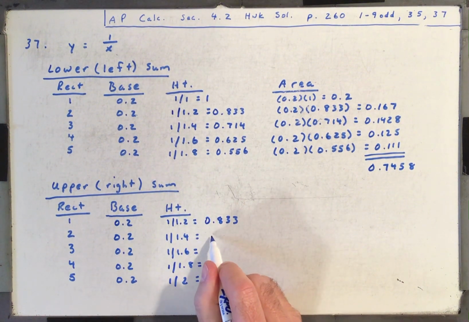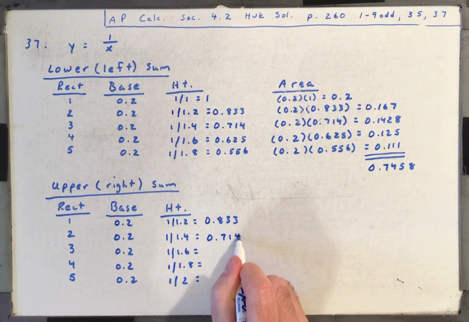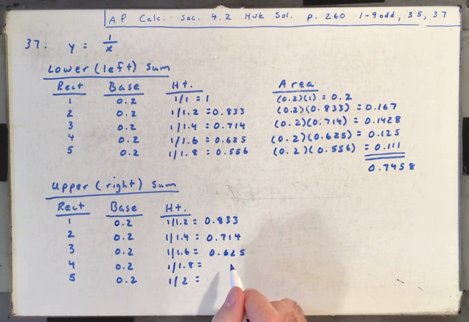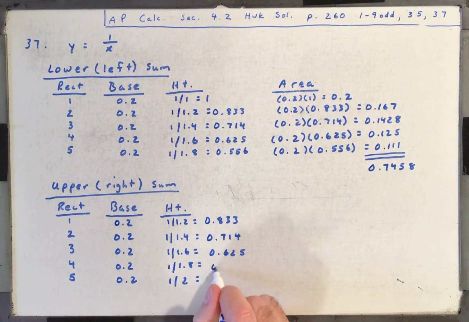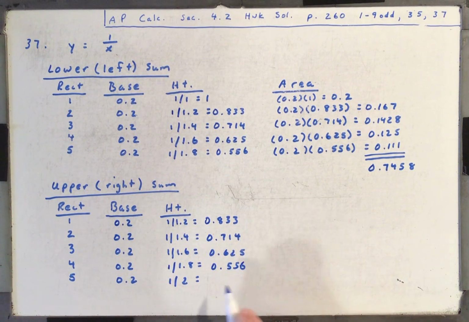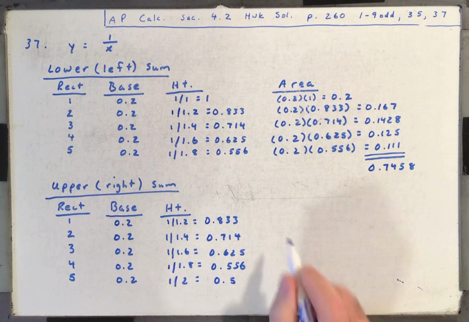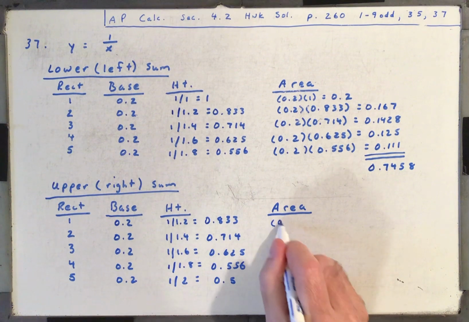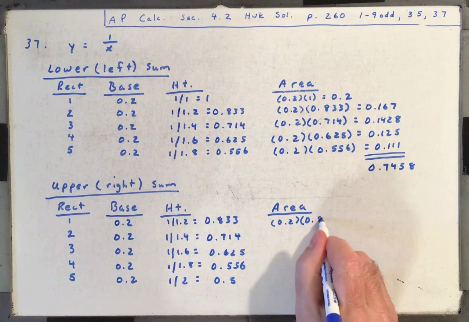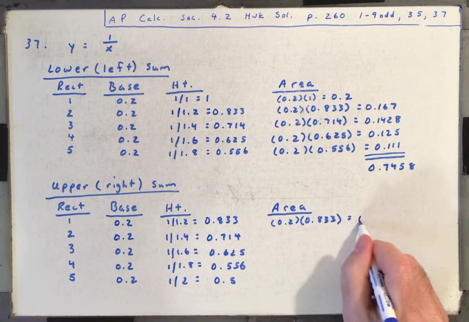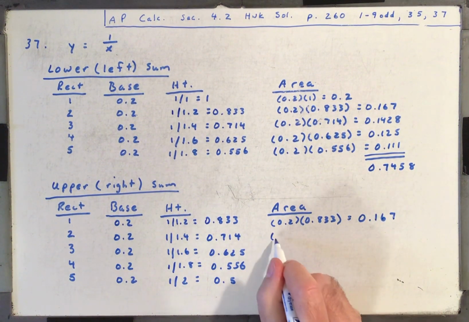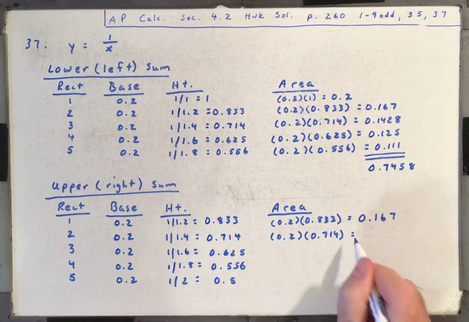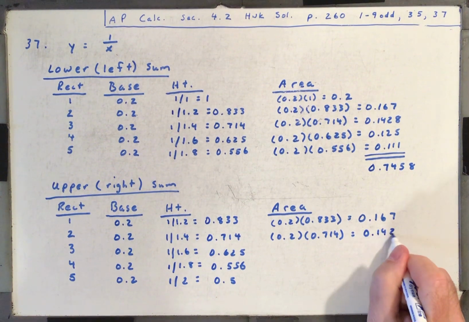All right, so 1 over 1.2 is 0.833, and we would have 0.714, 0.625, 0.556, and finally 0.5. So the area is 0.2 times 0.833, which we know is 0.167. Then 0.2 times 0.714, which is 0.1428.